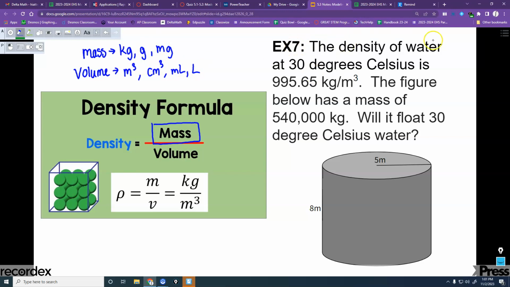So number 7, the density of water at 30 degrees, because heat can change your density. When you heat something up, it'll increase or decrease your density. For example, did anybody else's tire pressure alarm come on their car this morning? A few people in second period had it happen. My tires were low this morning, and it wasn't because they were leaking, it was because it was so cold.